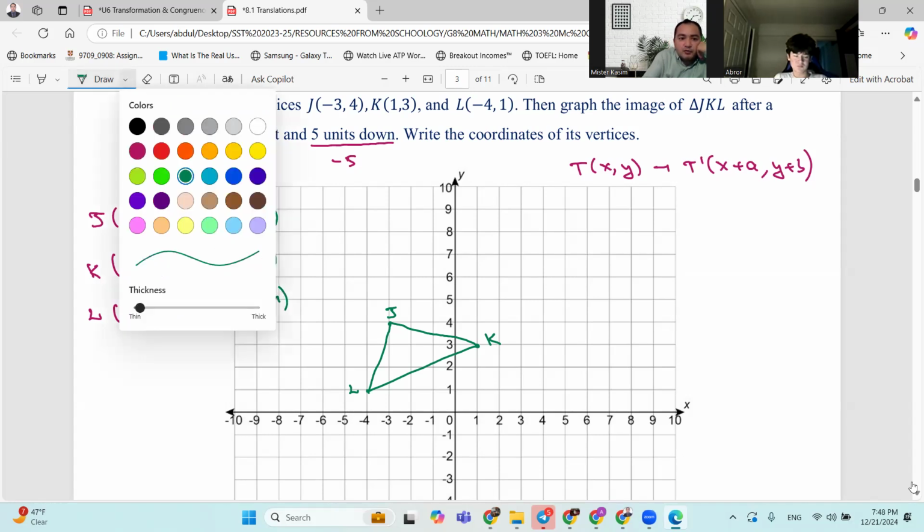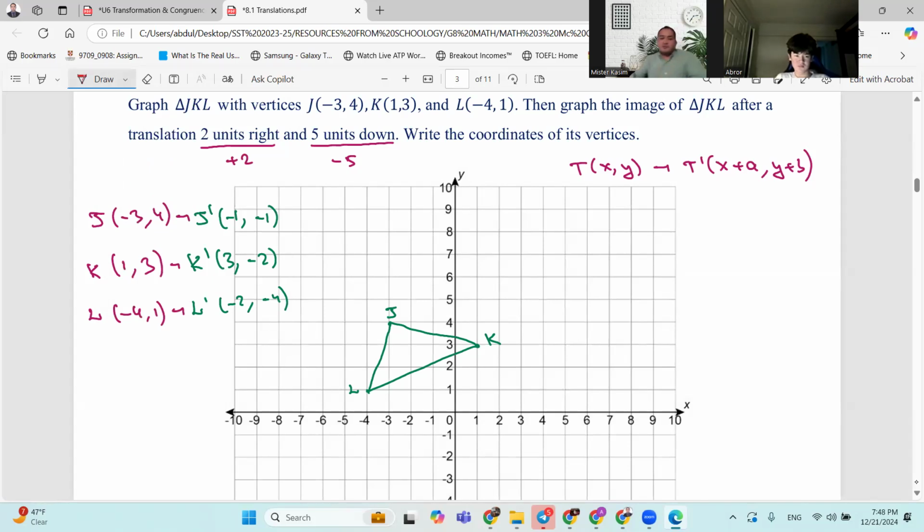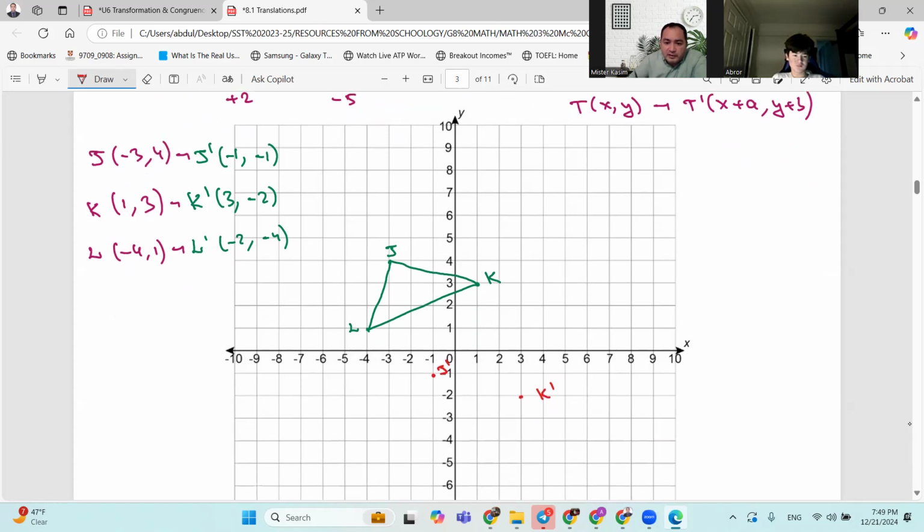So now I am going to plot these points. (-1, -1), it is here. That is J prime, right? And (3, -2) here, it is K prime. L prime, (-2, -4), it is here.